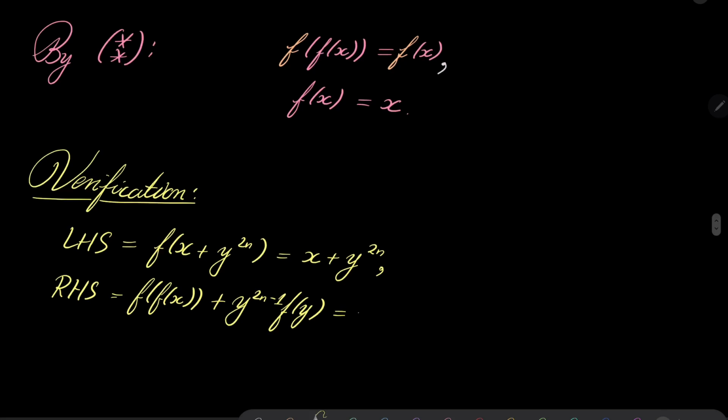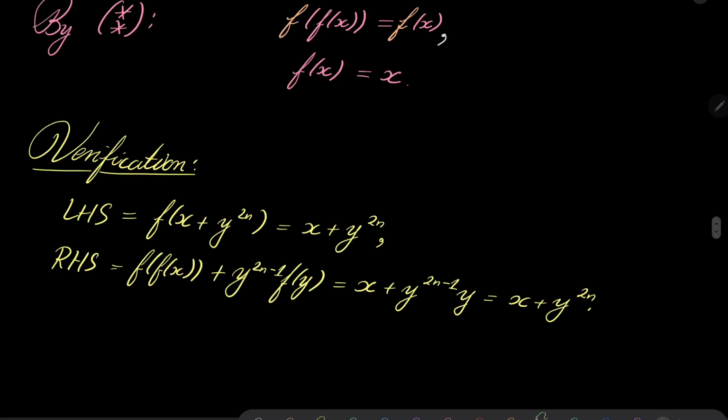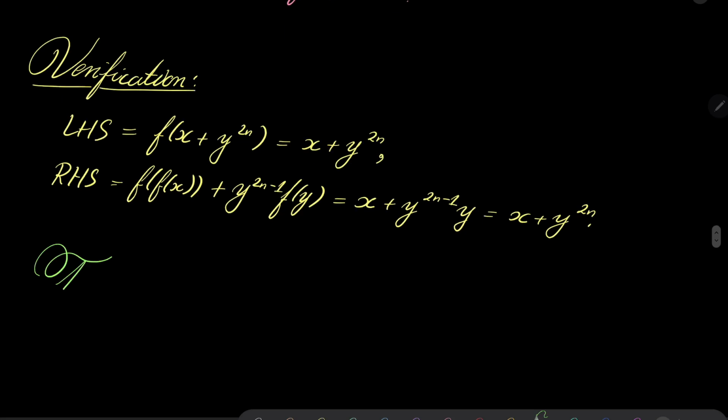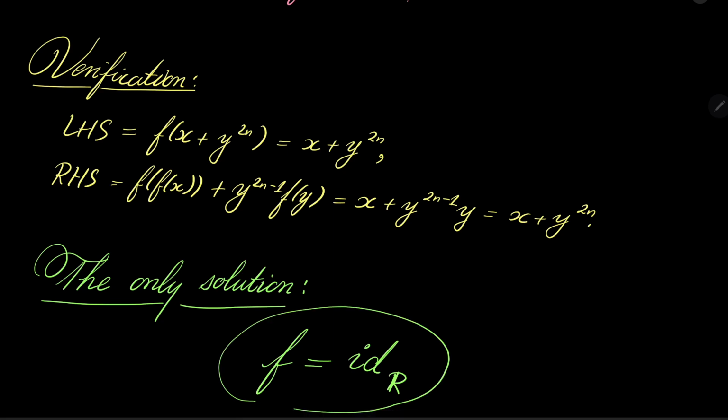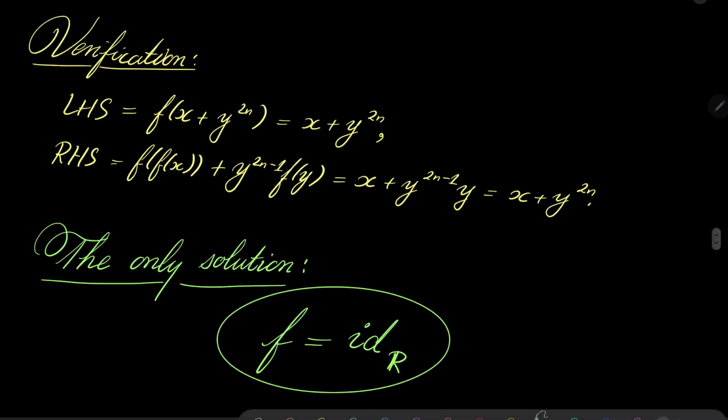Well, f of x is x, so it's x plus y to the power 2n minus 1 times y. It's x plus y to the power 2n. It's exactly the same. So the only solution to our equation is the identity function on the set of real numbers. And that closes our problem.